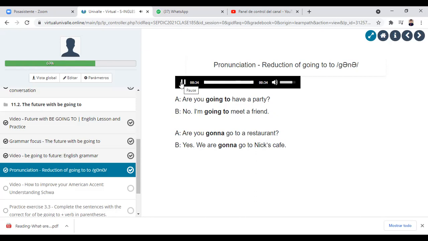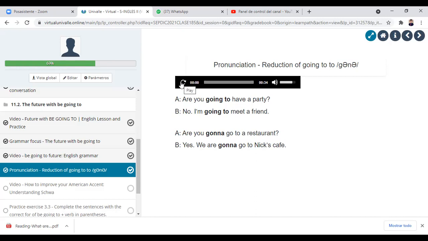Okay, and this speaking and listening section is really important because we're focused on two registers: going to that is formal and gonna that is informal. For example, you have two ways to express that action. Are you going to, using the pure going to, have a party? Or instead of going to, gonna: are you gonna have a party?